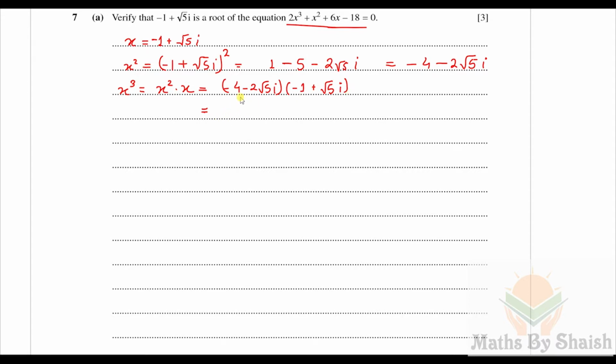So again we multiply. -4 into -1 is 4, and -2 root 5 iota into root 5 iota, iota square is -1, so it will become plus, and 2 5s are 10. Then -4 into root 5 iota is -4 root 5 iota, and here plus 2 root 5 iota, which will be completely 14 -2 root 5 iota.